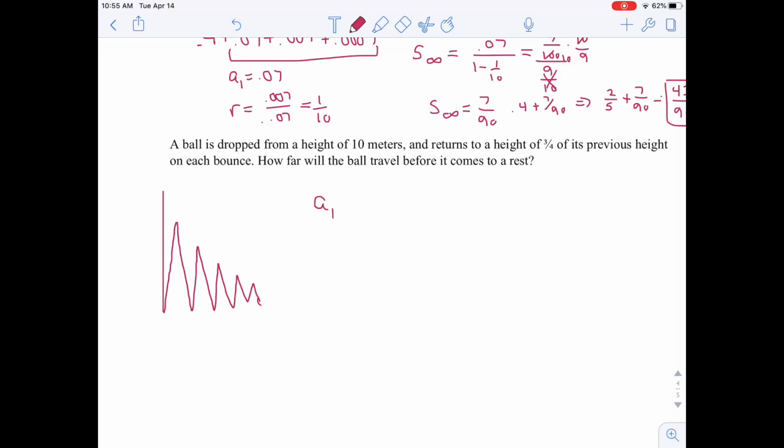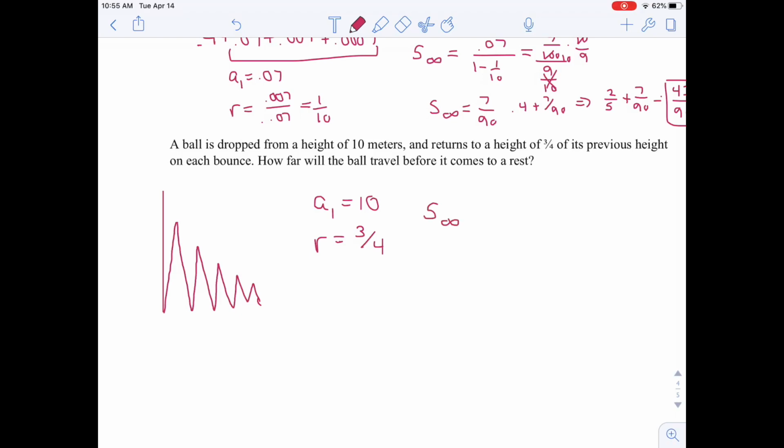So we know our first term of this sequence is 10, right? We start off with 10. It's how far the ball dropped. Okay. Again, we're talking about vertical travel. We're not talking about how far the ball goes out. Now we know each time it's 3/4. So that's going to be your R. Is this 3/4?